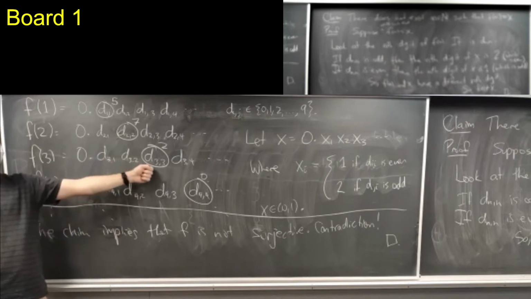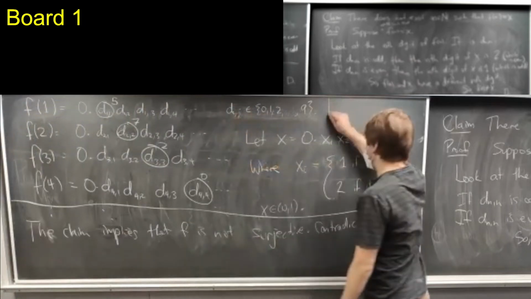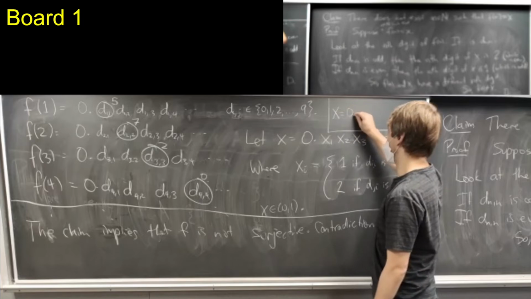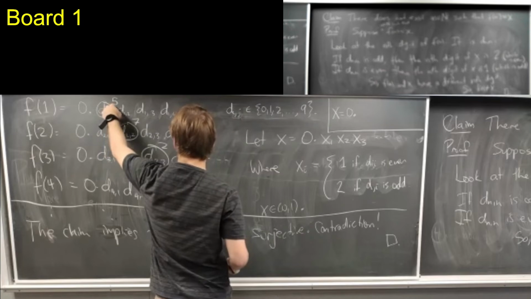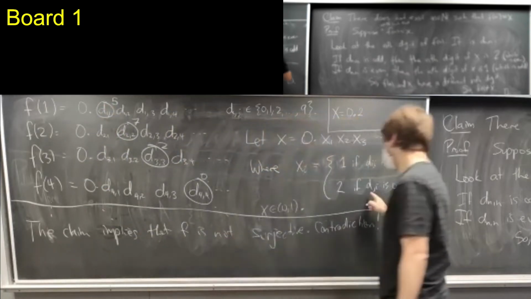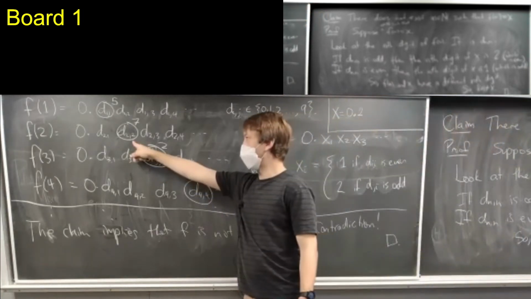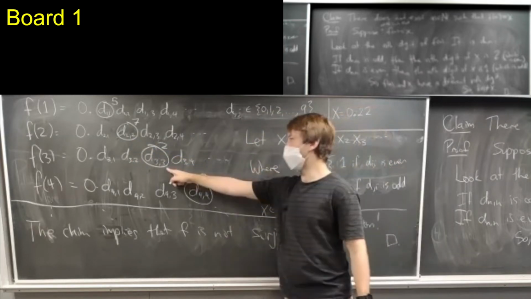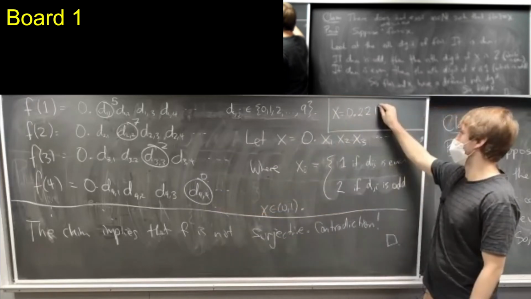Suppose f of 3 has the third digit equal to 2, and f of 4 has the fourth digit equal to 4. Then when defining x, I would say x is equal to 0 point. I look at the first digit of f of 1. It's a 5, which is odd, so I write 2, because if d_11 is odd, I write a 2. d_22 is odd, so I write a 2 again. This one's even, I write a 1. That one's even, I write a 1.